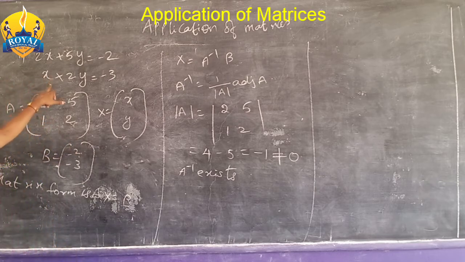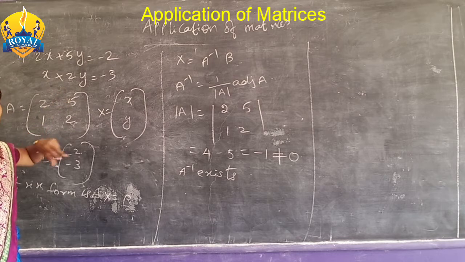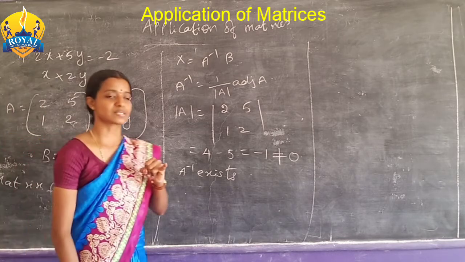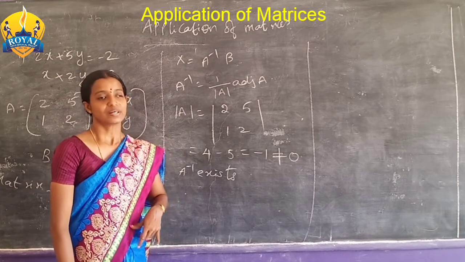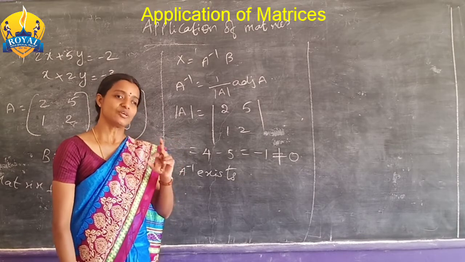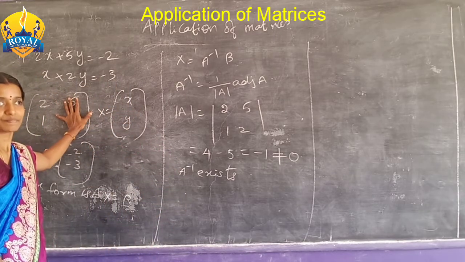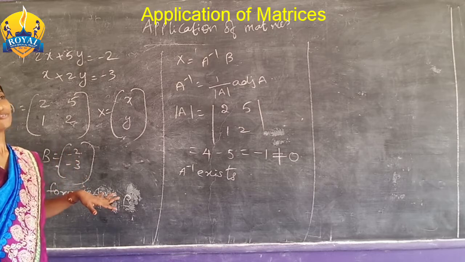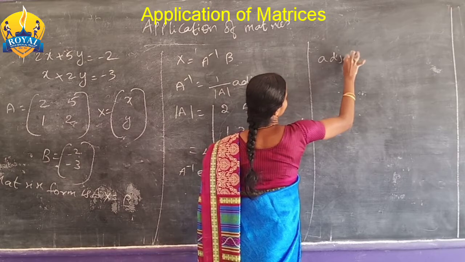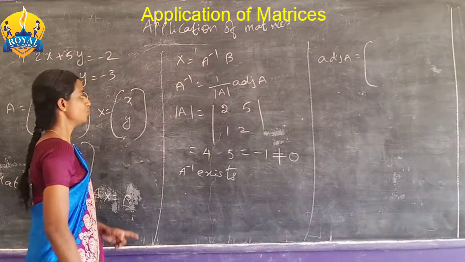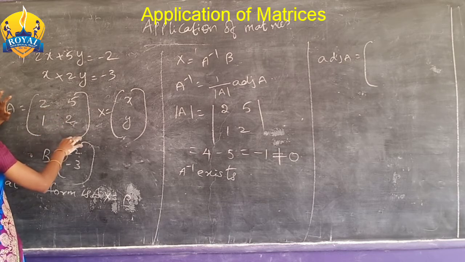As far as a 2 cross 2 matrix is concerned, we can write adjoint A directly. Otherwise, we go for the cofactor matrix, and if I take its transpose, I get the adjoint. But if I have only two equations, only two variables, a 2 cross 2 matrix, I can definitely find adjoint A directly. Let me tell you how. Interchange the elements on the main diagonal.